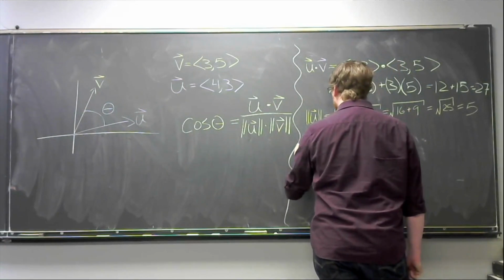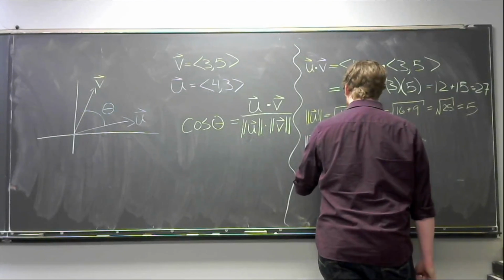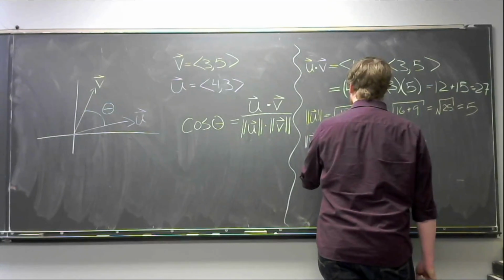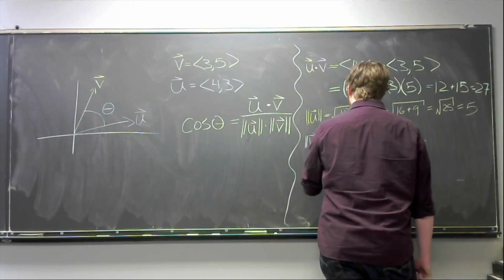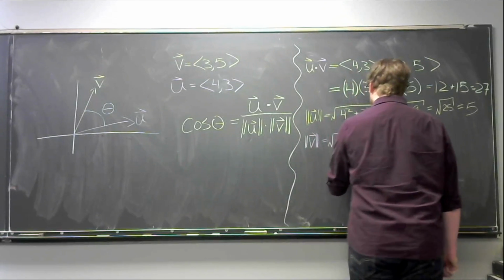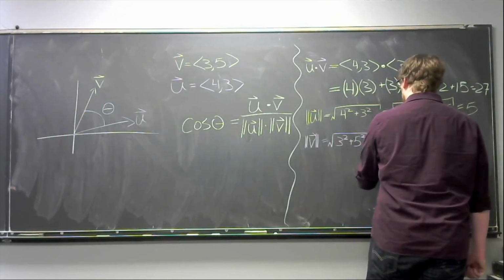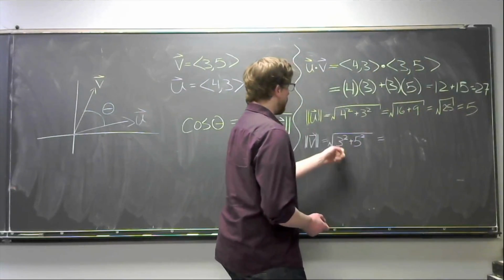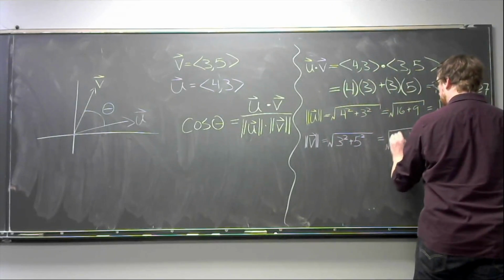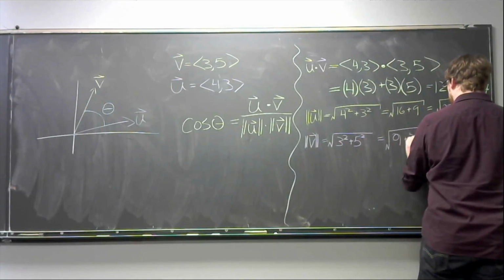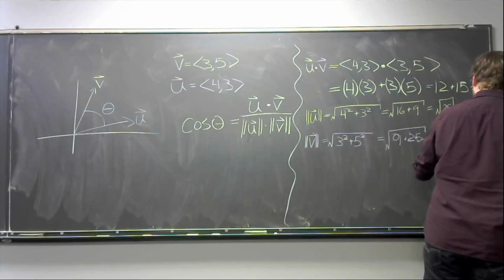Now, the norm of v is going to be equal to the square root of 3 squared plus 5 squared. It's going to be 9 plus 25, which is equal to the square root of 34.